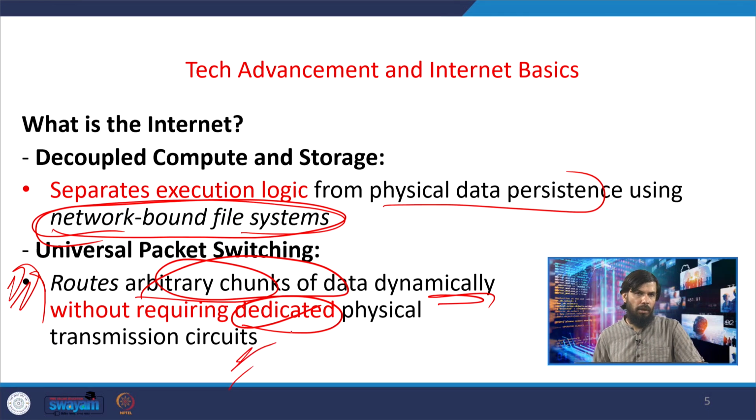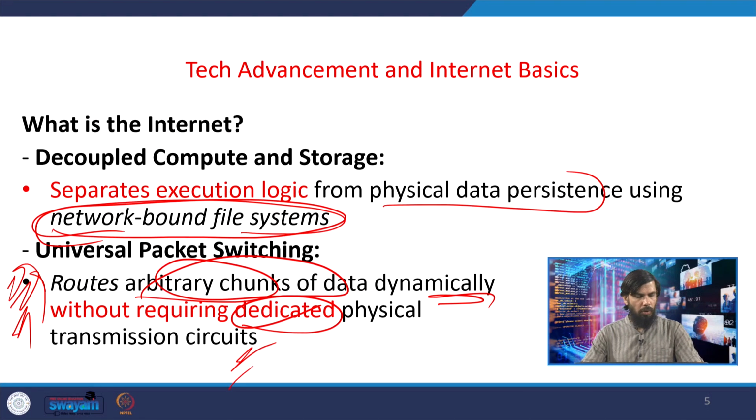So, this is another defining feature of the internet: network efficiency is managed, and the data traffic is managed through the network, because there is a universal packet switching mechanism that helps this.